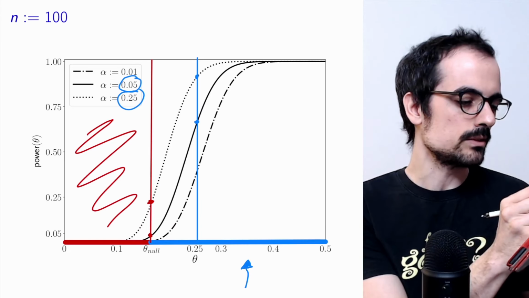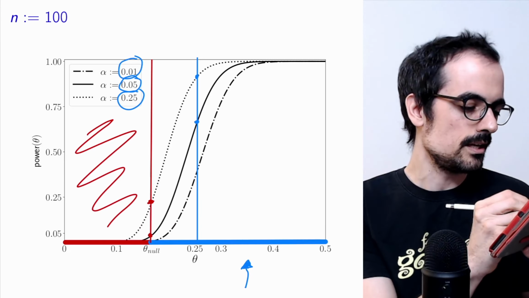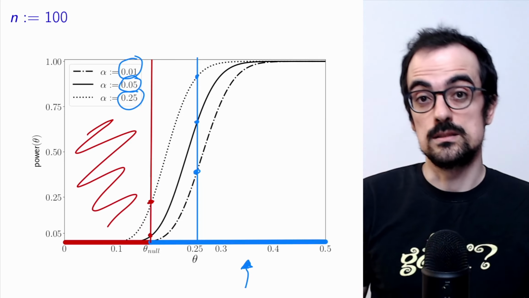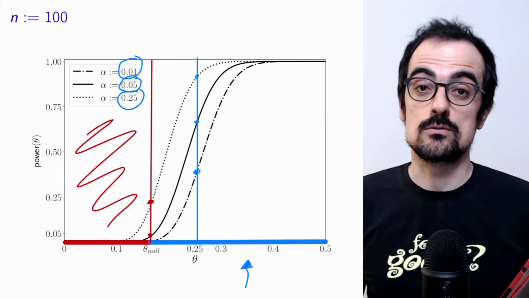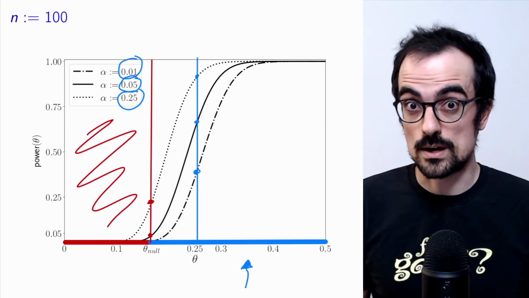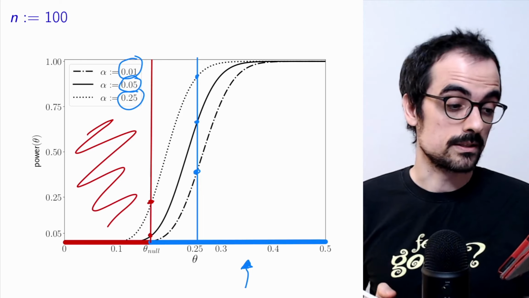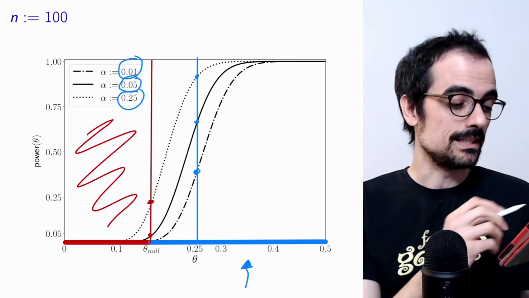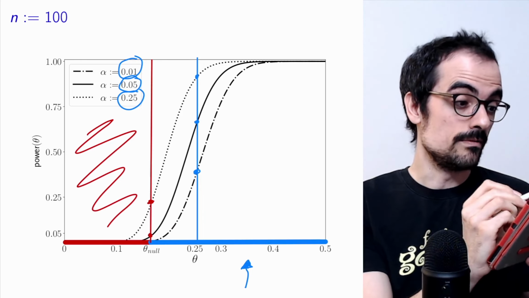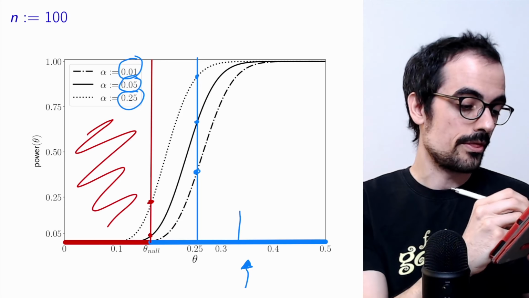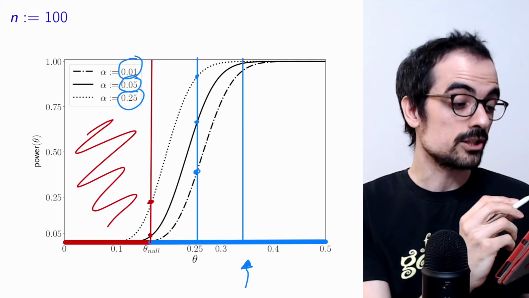And then if we're very strict with our significance level, then here the probability of actually detecting that the die is biased, if the probability of rolling a 3 is 1/4, is below 50%. It's around 40%. Of course, if the die is very biased, so the probability is 1/3, then we have much more power.